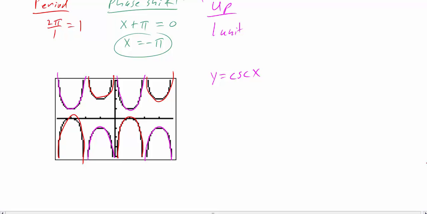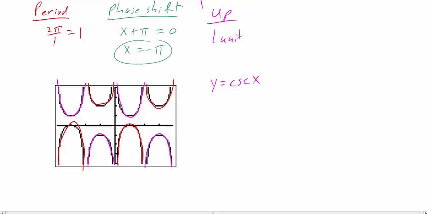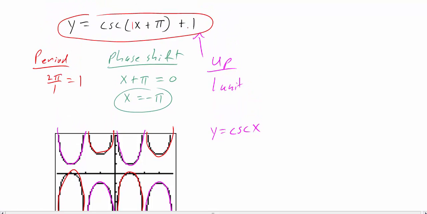We notice that the period is still 2 pi. And what we've done is this graph has been moved up 1 on the y-axis.